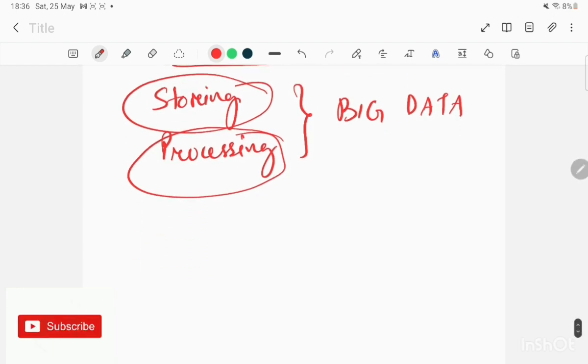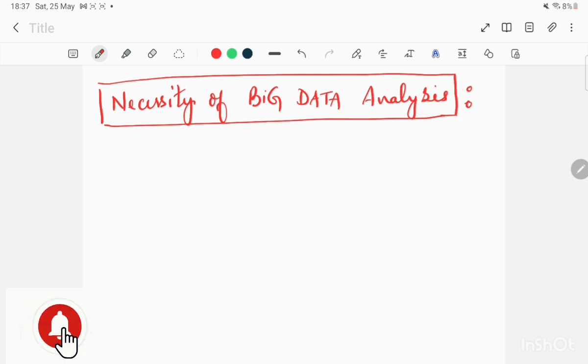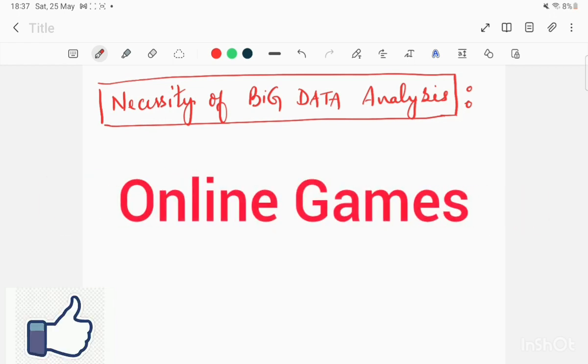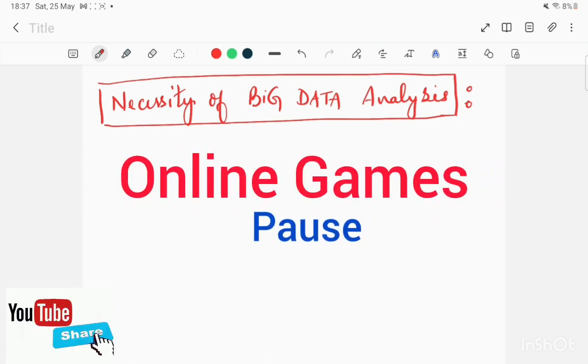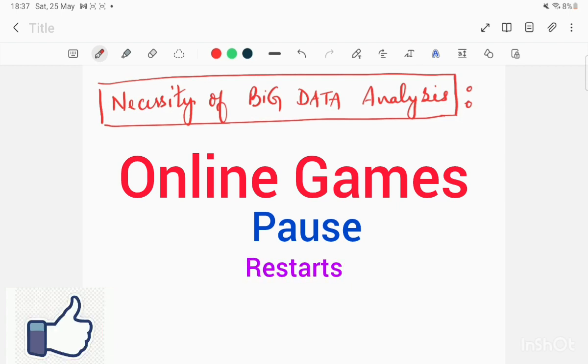So now we will be talking about why analysis of big data is necessary. Considering the analysis of big data, let us consider an example. Say for a certain online game, the person who is analyzing the big data will analyze at which particular section the user pauses or restarts or quits the game.